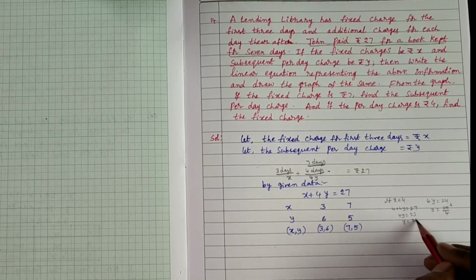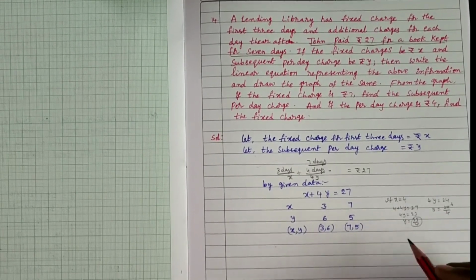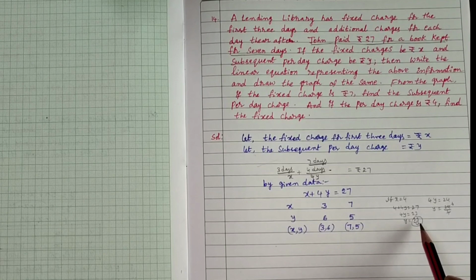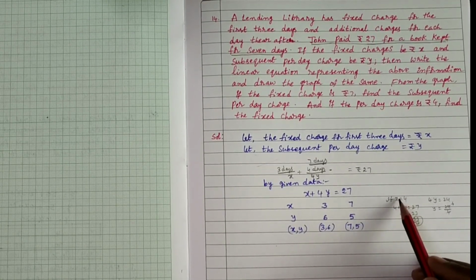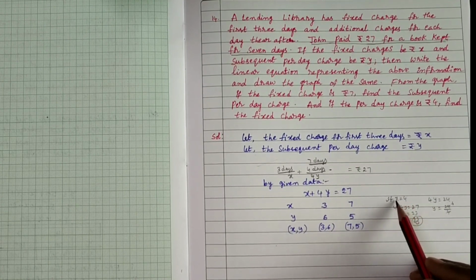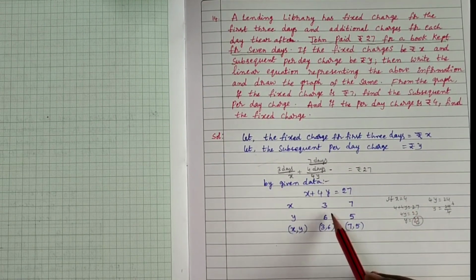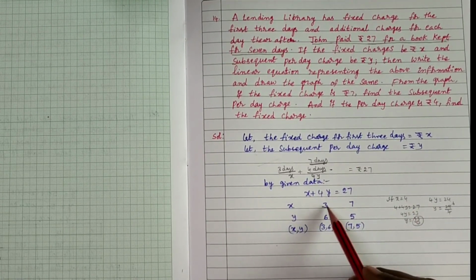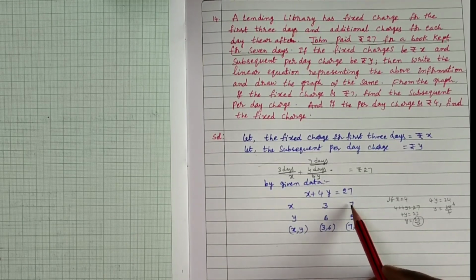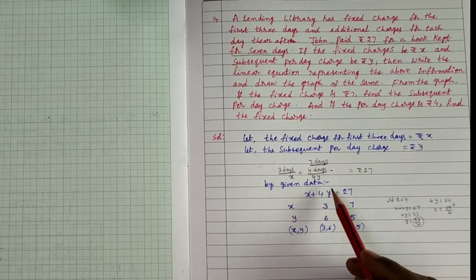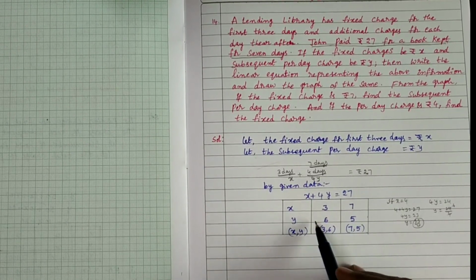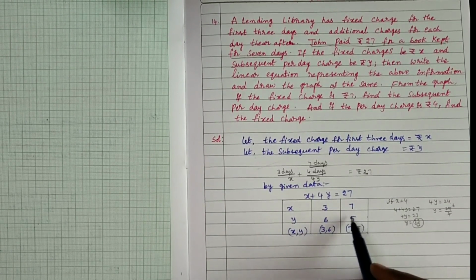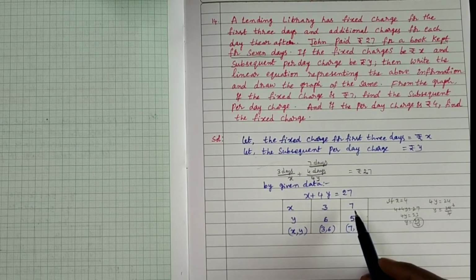Y will be 23 by 4, so it is not an integer, it is a fraction. So no need to take the 4 value. To get integers, I am taking 3 and 7 for X. 3 and 7 are very small values, and the Y values 6 and 5 are also very small values.